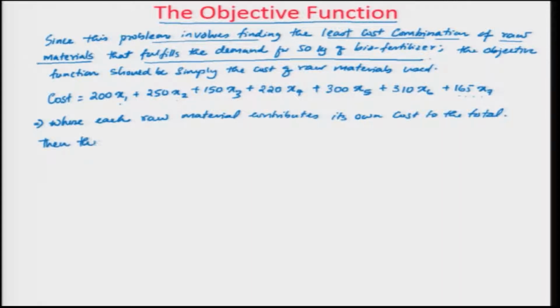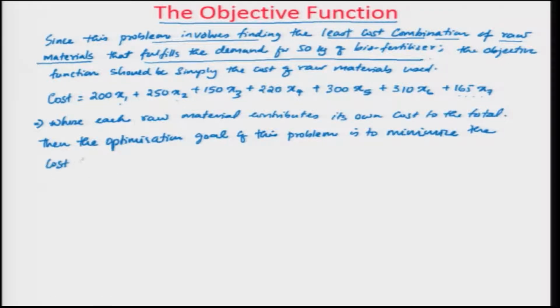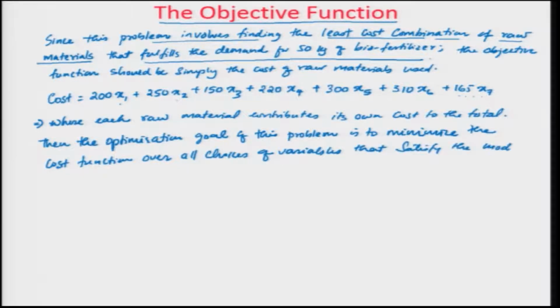Then the optimization goal of this problem is to minimize the objective, or minimize the cost function, over all choices of variables that satisfy the modeled constraints.